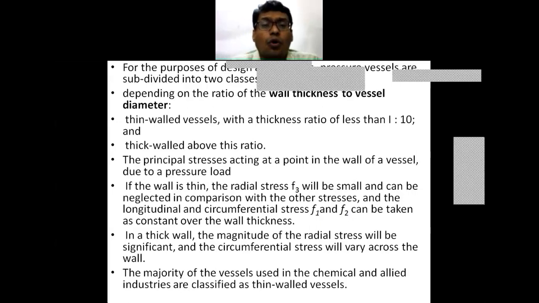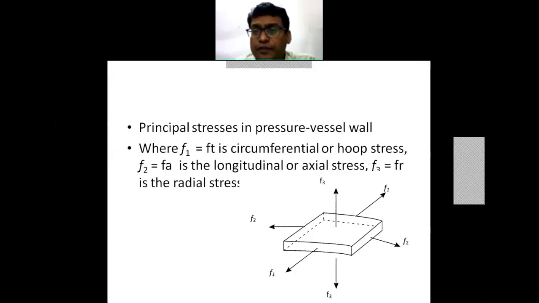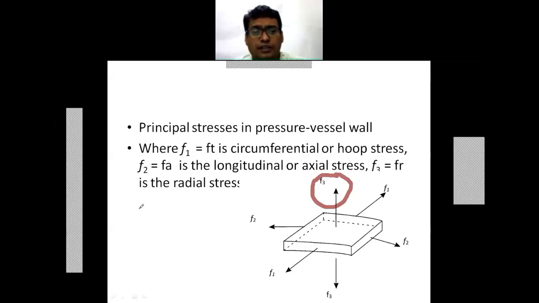Now, when we are talking about these stresses, if the wall is thin, the radial stress F3 can be neglected. So the F3 calculation for a thin wall vessel is 0.